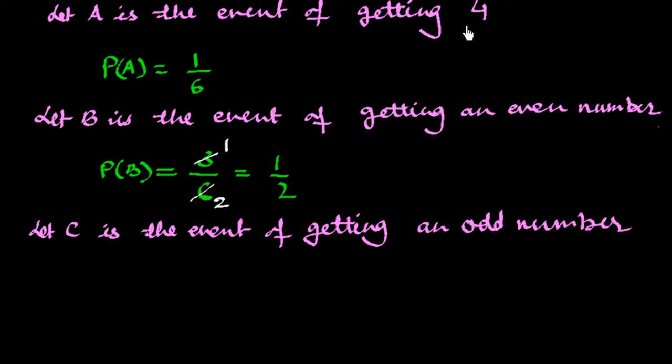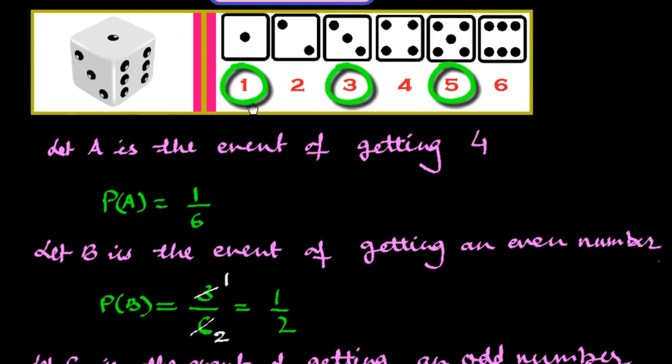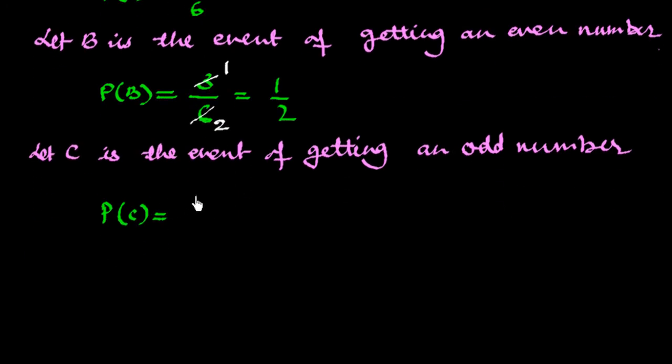So we have to find the probability of C. Probability of C is equal to, we have to see how many odd numbers we have in this sample space. We have the odd numbers 1, 3 and 5. 3 odd numbers we have. So we have 3 favorable outcomes again. So it is also 3 over 6, which is equal to 1 over 2.